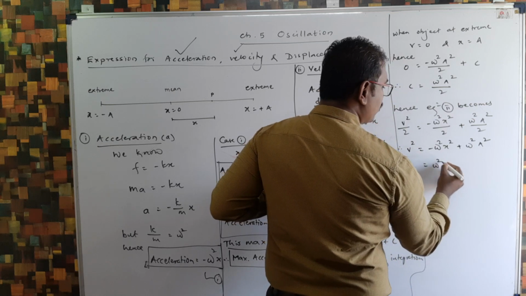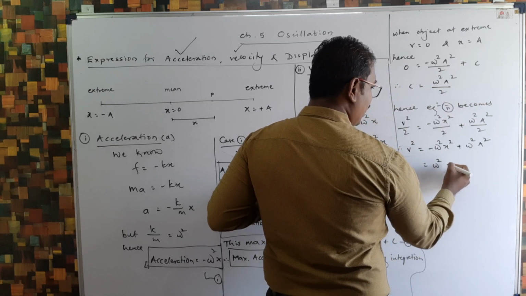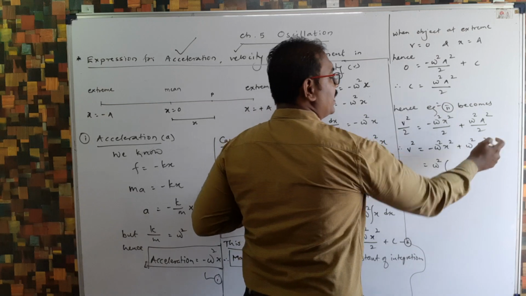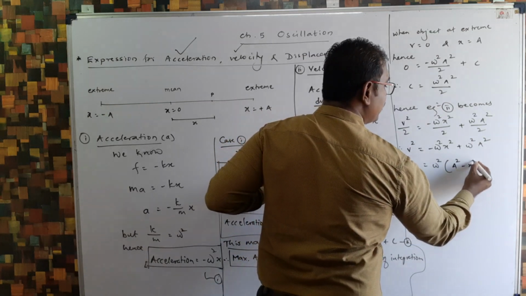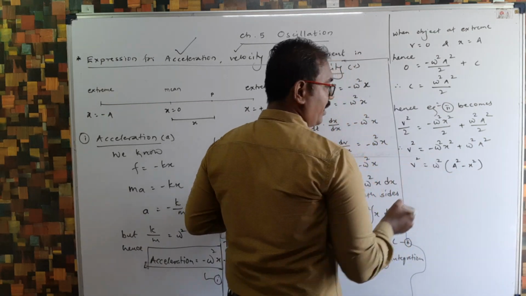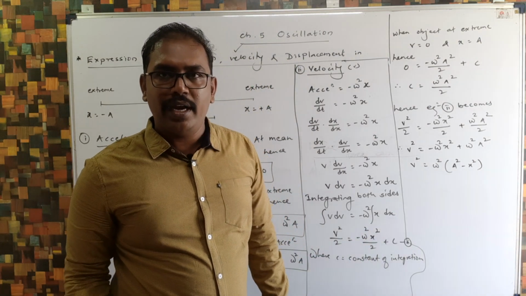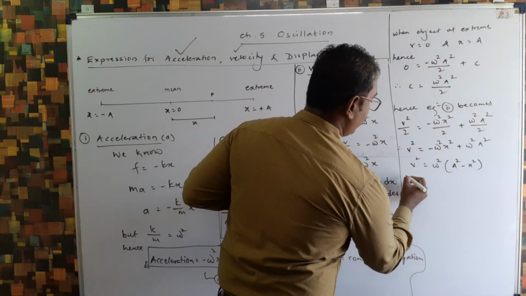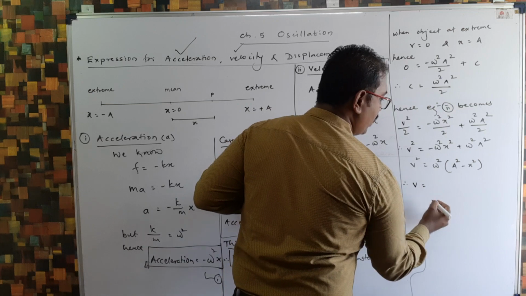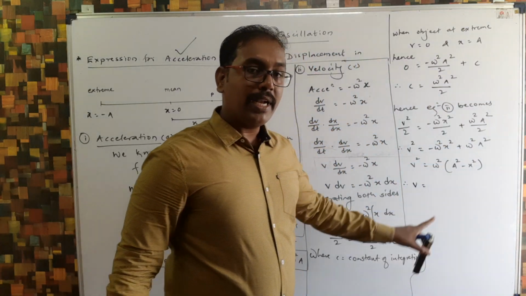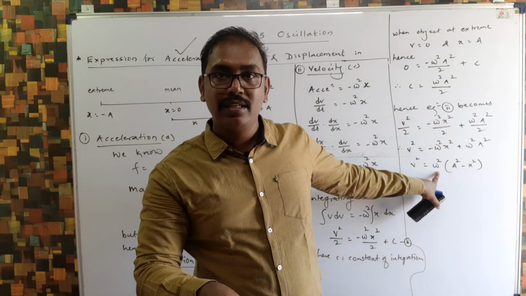Now we can take omega square common and I can write minus x square plus a square. So I am writing a square minus x square. So this is v square. I have to write velocity v. Hence v is equal to under root everything. But under root of omega square is omega.